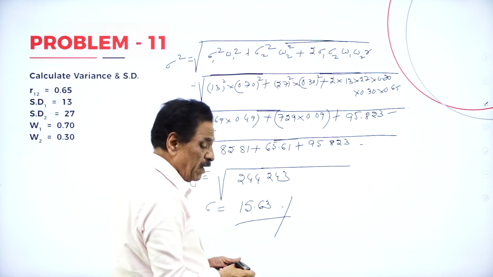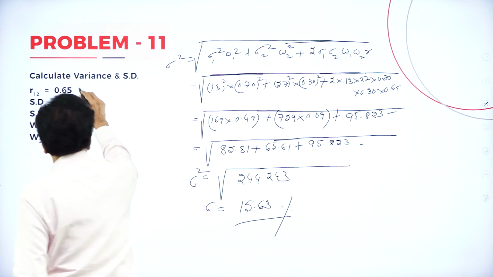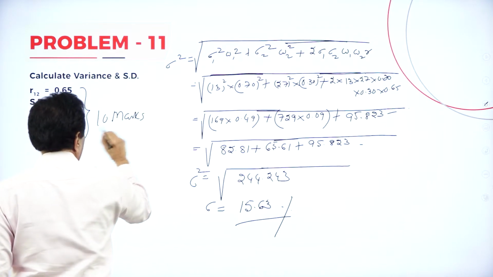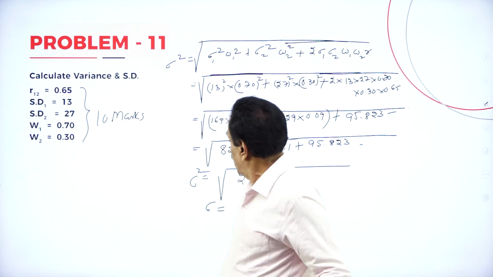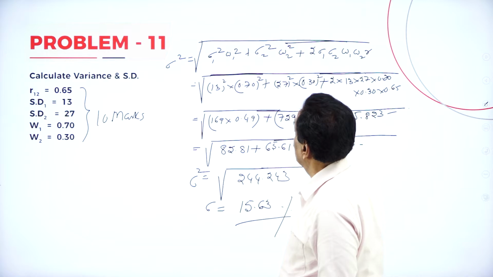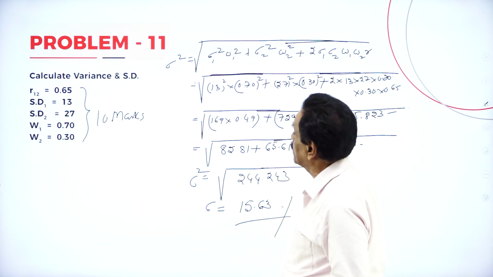So it is 15.63. So it's correct. This is for 10 marks. We'll move on to the next one. Up to here it is variance. It is called standard deviation. So standard deviation is called the root of variance.